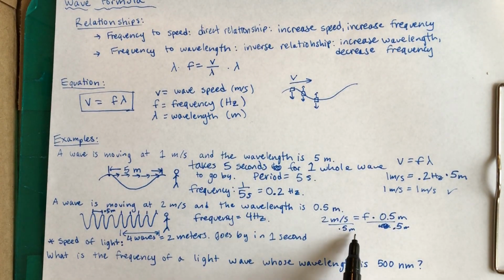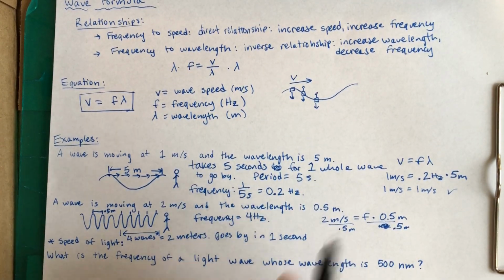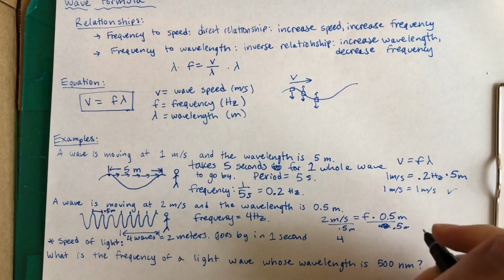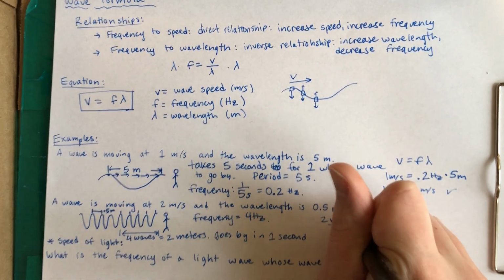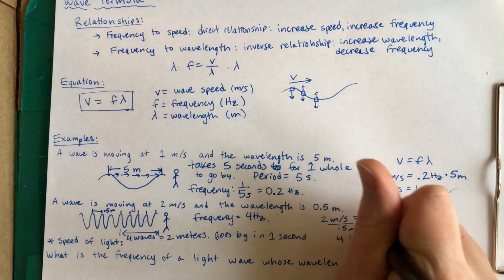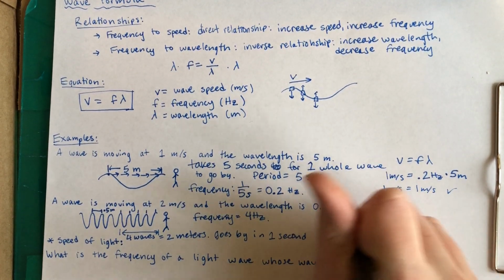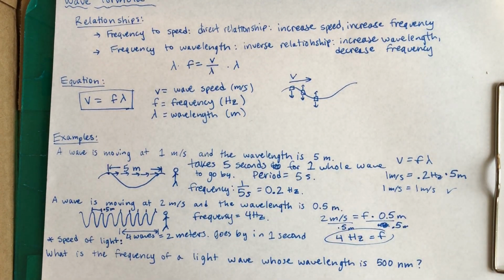On this side, the meter units cancel out and we get 4, and the units are per second, but that's the same thing as hertz, equals the frequency. So either way you think about it, drawing yourself a visual picture or using the formula, it should make sense that these things go together.